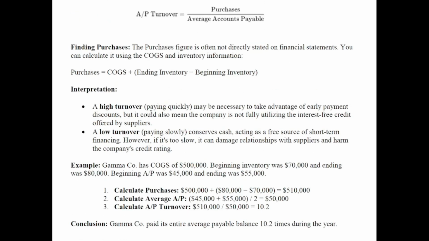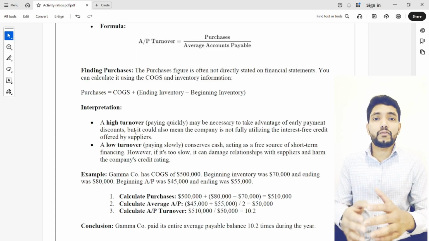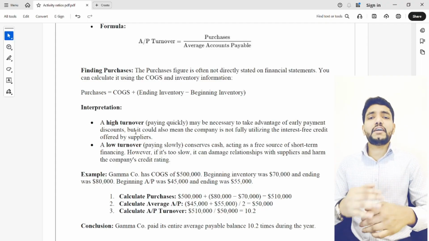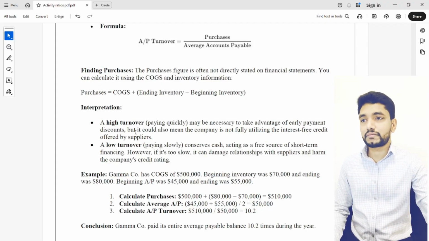A high turnover ratio means we are paying quickly, maybe to take advantage of early payment discounts, but it also means the company is not fully utilizing the interest-free credit offered by the suppliers. Normally, credit is a free source of working capital, at no cost.